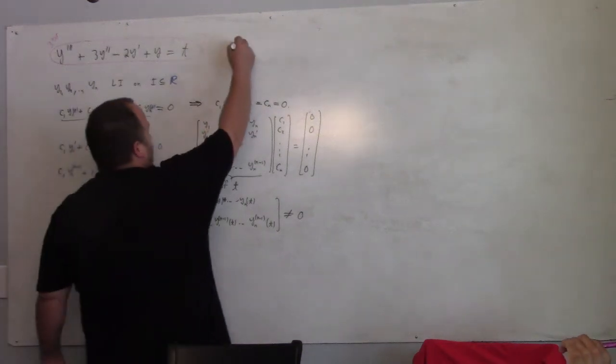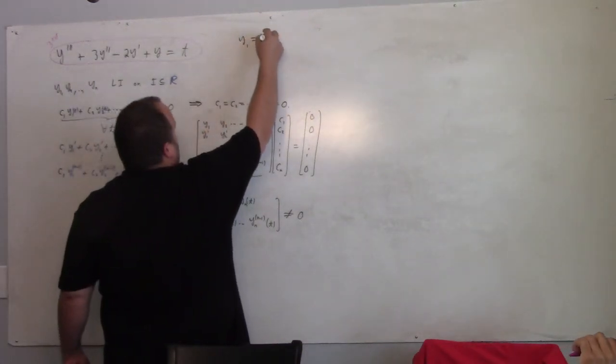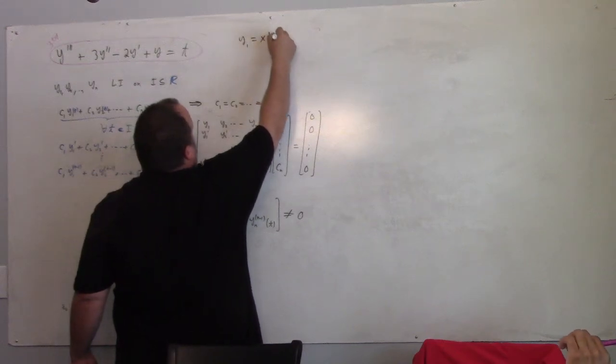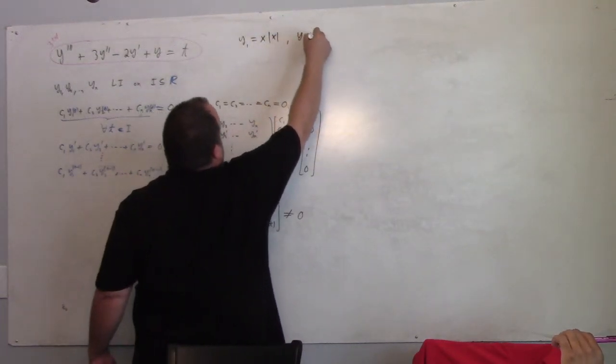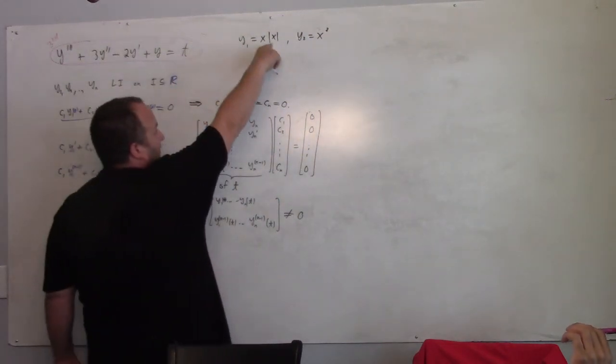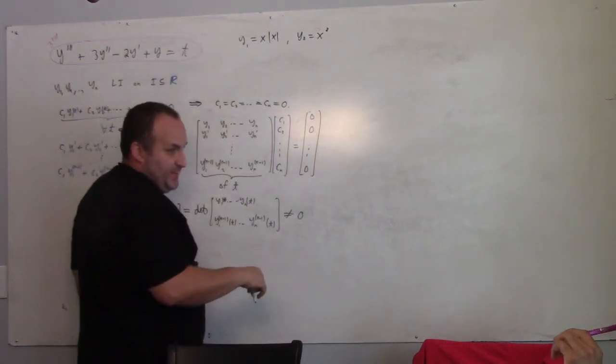The example I can think of is this. So x times the absolute value of x is once differentiable, but not twice.